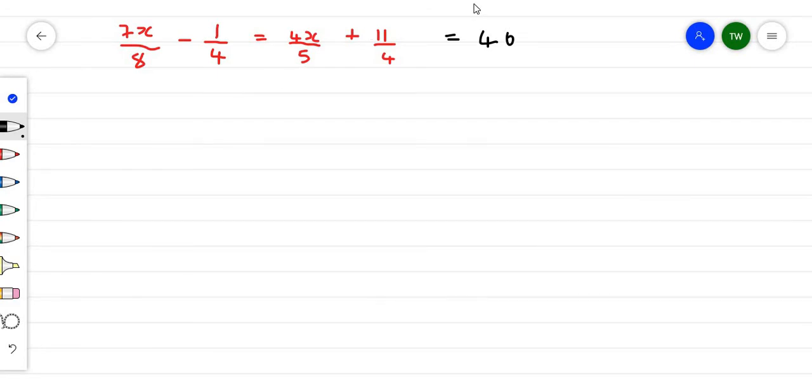Now what we're going to do with this 40 is to take it to multiply each term. So we're going to take 40 to multiply the first term, and here the first term is 7x over 8.